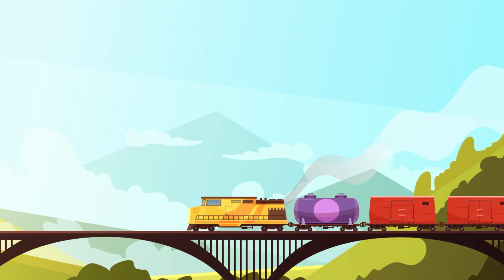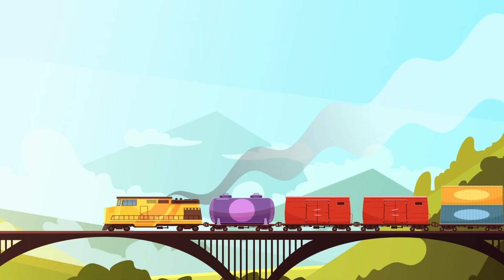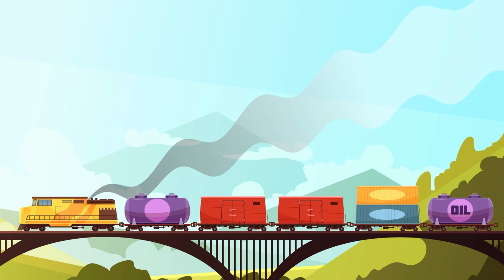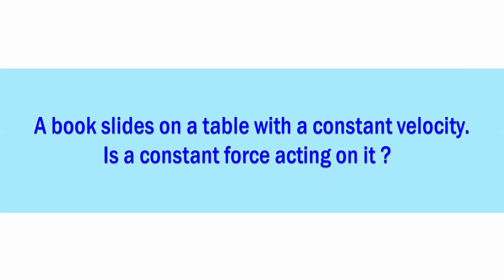It could be moving with a constant velocity. Okay, this is one thing you remember. The second question is, a book slides on a table with a constant velocity. Is a constant force acting on it? You will be surprised to know how many students say yes to this.